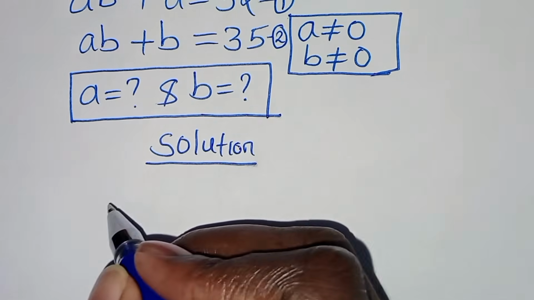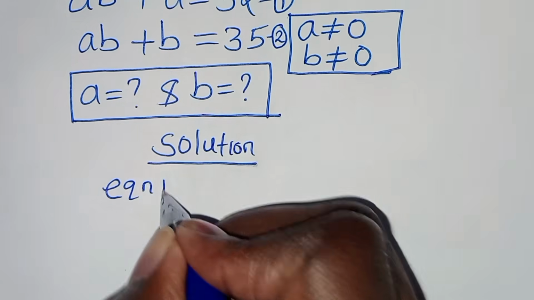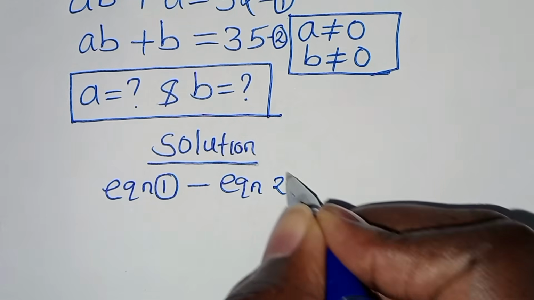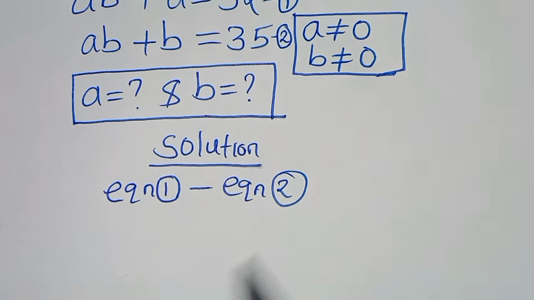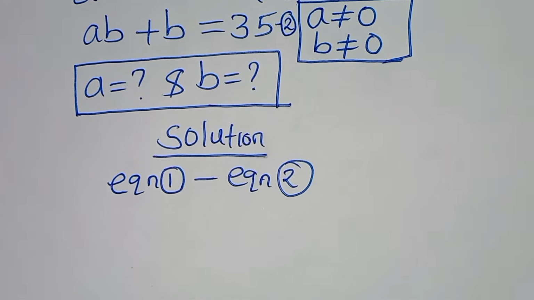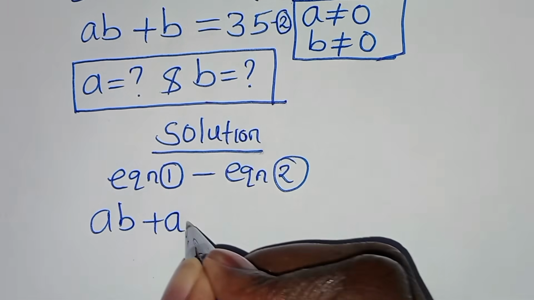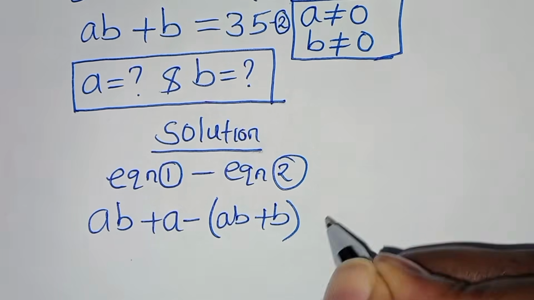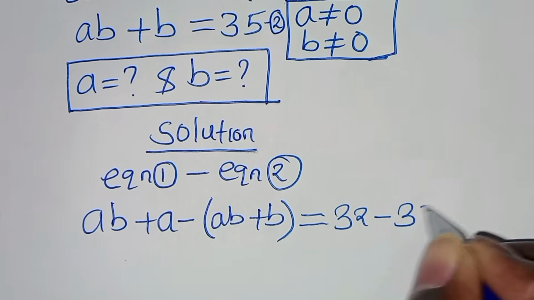The first step here is to subtract equation 2 from equation 1. Let's subtract equation 1 minus equation 2. So this implies we have AB plus A subtract AB plus B, which is equal to 32 minus 35.